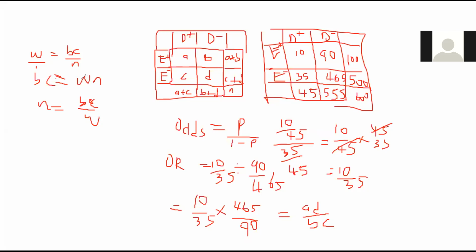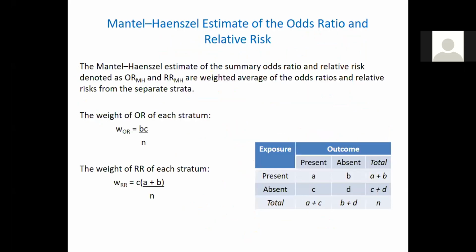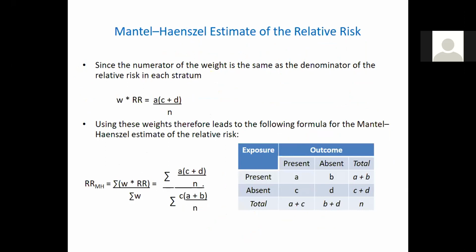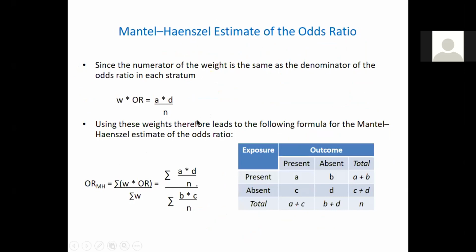So the weight, if BC is equal to WN, which is weight all over N times N. So that N you use to replace the BC here. Instead of writing BC, this weight comes here.